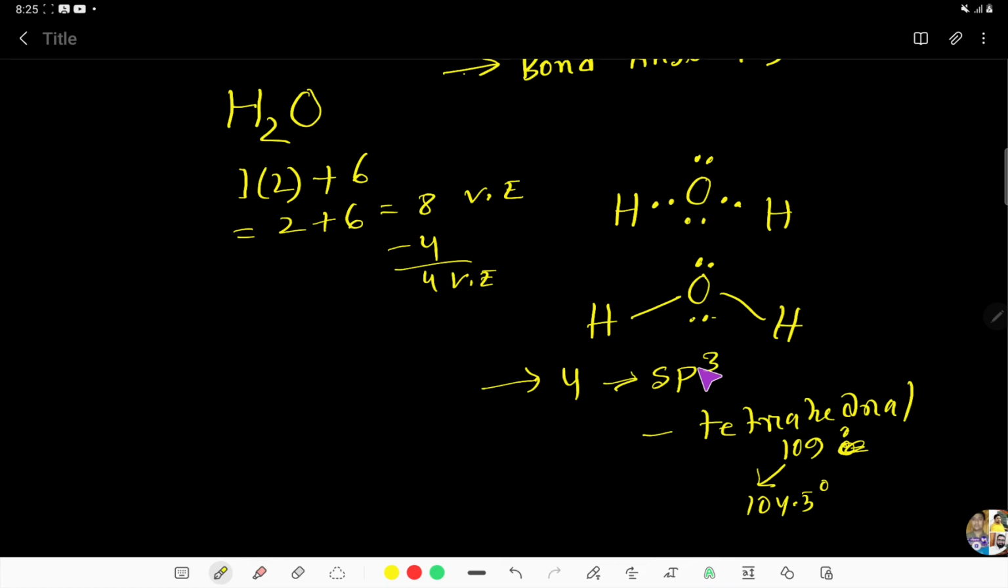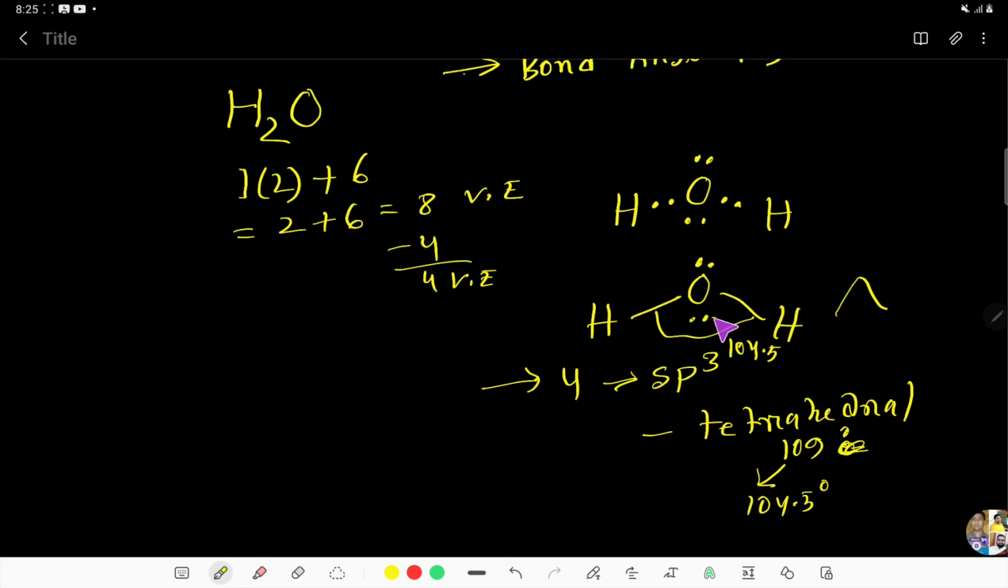That is, this is the distorted structure of water due to the presence of lone pairs. The structure of water is V-shaped, right? And the angle between hydrogen, oxygen and hydrogen is 104.5 degrees, right?